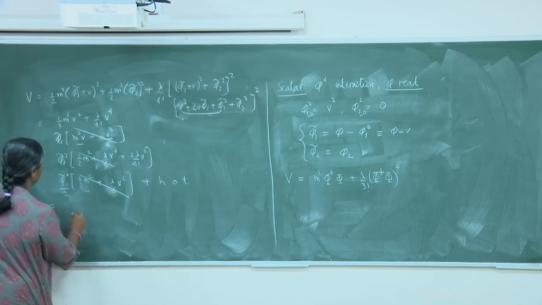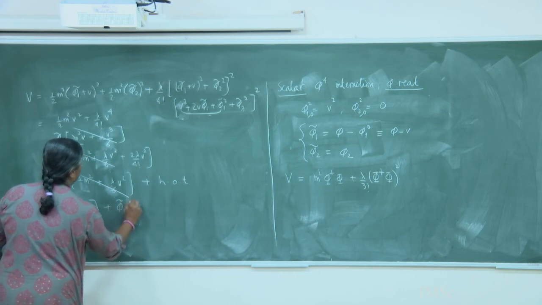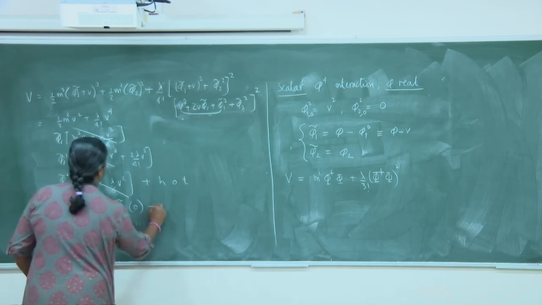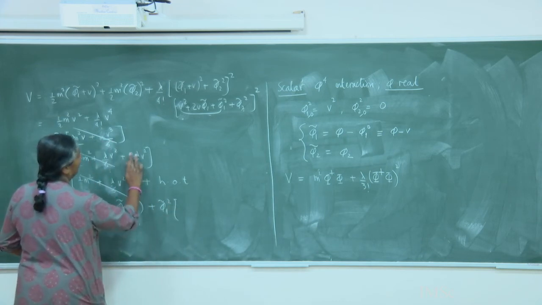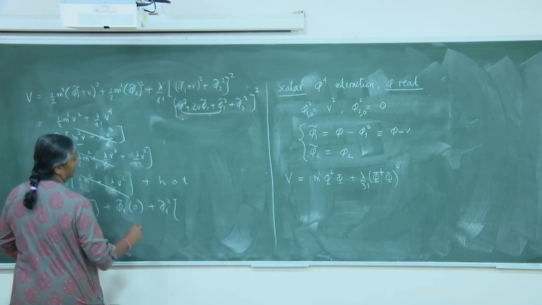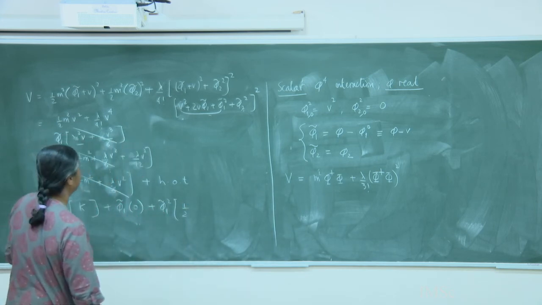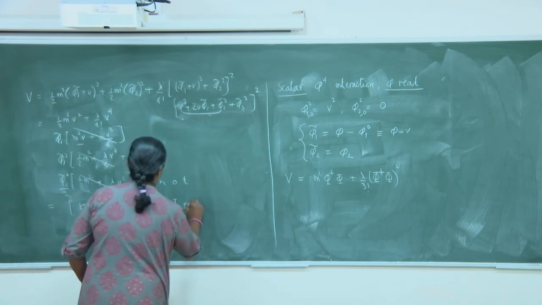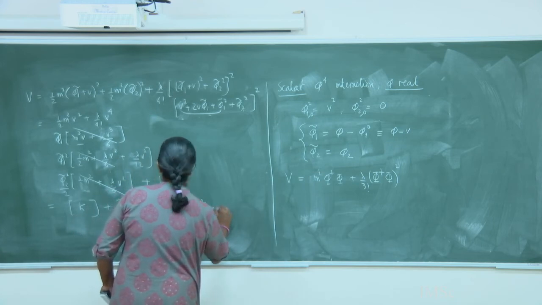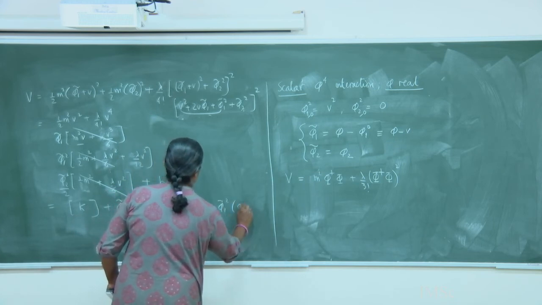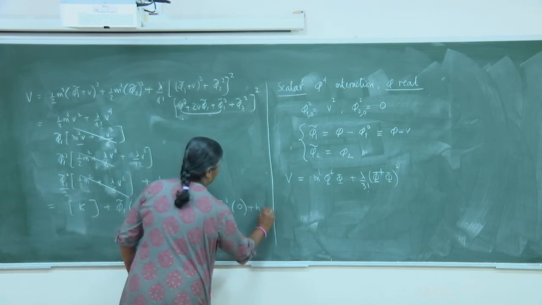So some constant k plus phi 1 tilde into 0 plus phi 1 tilde squared into this. So 2 by 4 factorial is lambda by 12. So again you get half. So lambda by 6 is m squared, right? V squared plus phi 2 tilde squared into 0 plus higher order terms.